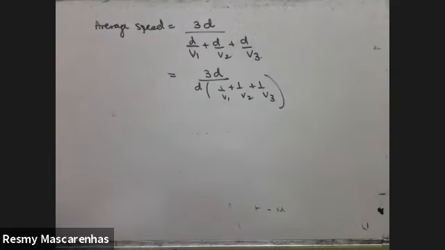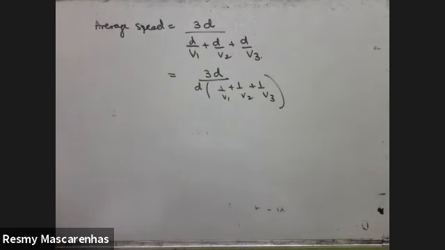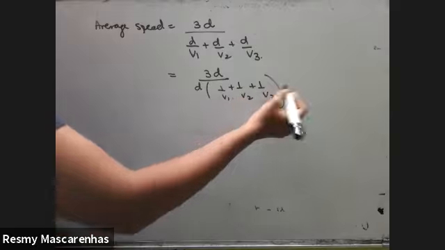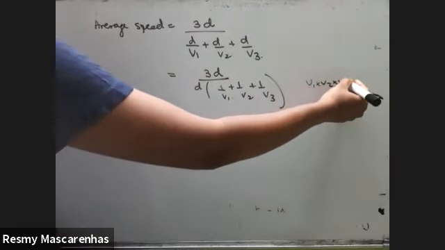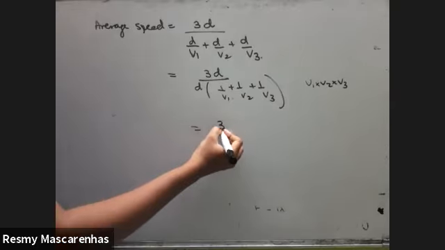Now there are three things, so simply don't cross multiply. We will take the LCM of all the three. LCM means you have to multiply the three denominators, V1, V2, V3, the same thing, common.